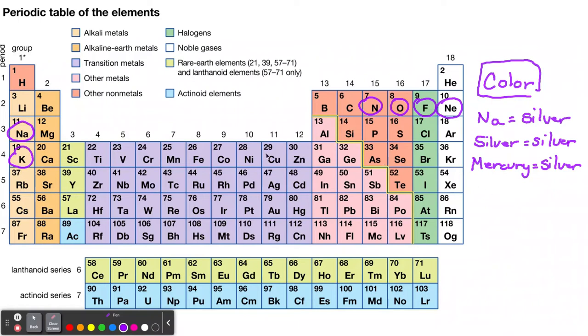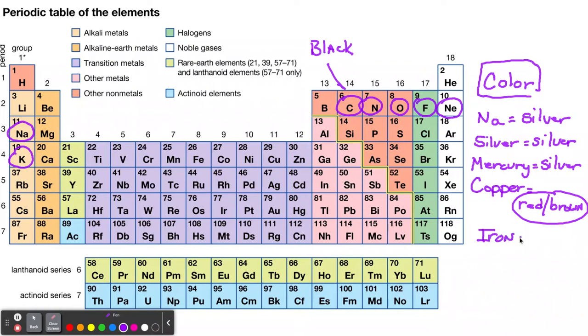Let's say we look at carbon over here. Carbon is black. And copper has a copper color, a red-brown, tannish color. Iron is gray, unless it rusts, which is a chemical change, by the way.